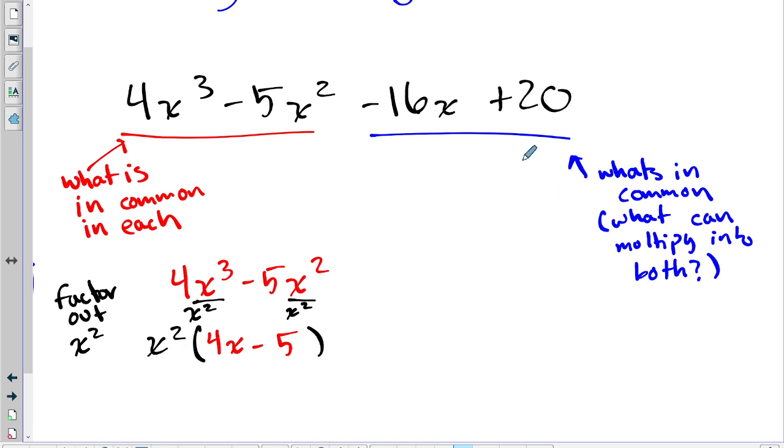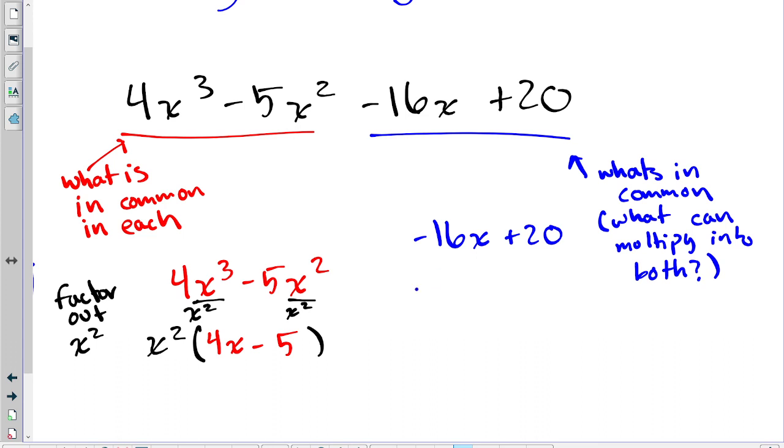Then, for this thing, same logic, negative 16x plus 20. What's in common between here? And in this case, I'm thinking about what can multiply into both. And I can see that I don't have an x that goes into both because this 20 doesn't have an x. But the number 4 can multiply into both. And in fact, the number negative 4 can, which is good because I want to try and get rid of the negative right here.